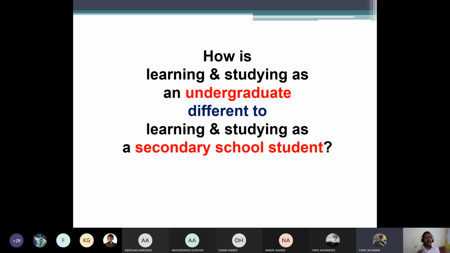Fixed timetable, fixed lecture schedule, fixed teacher, and the material is also fixed. You have to finish this book only. But when you come to the undergraduate or university level, everything will depend upon you as a student. You will choose which courses you are taking, or what your schedule is. The book is not only one; maybe many books and many references are there. So it is different, it is wide.